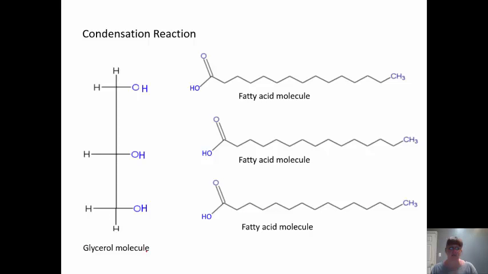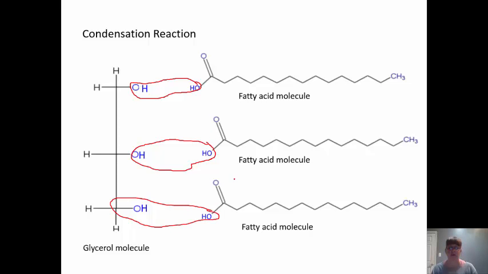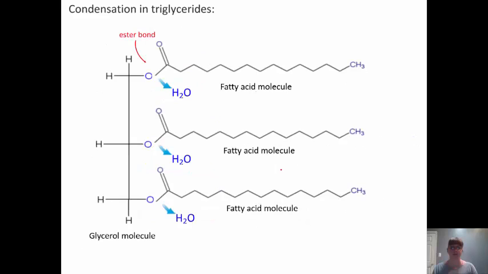And then we have our glycerol molecules, so we're going to make a triglyceride through this condensation reaction. So this is going to be where our bonds are formed. You can see we have enough of these molecules to our elements to form our water. So we're going to make one water for each.